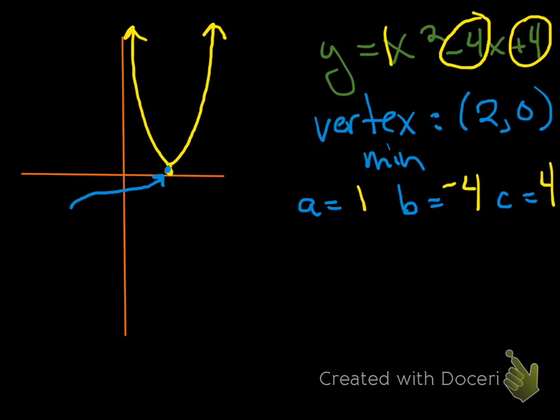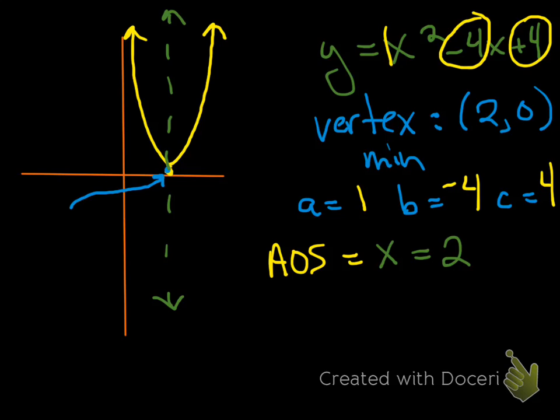Then it wants to know the axis of symmetry. We're going to use the formula here in a bit, but remember I said the axis of symmetry always goes through the vertex. So this equation is actually x equals 2, which is the same as the x-coordinate of the vertex because it goes through that point. Last thing is domain and range.